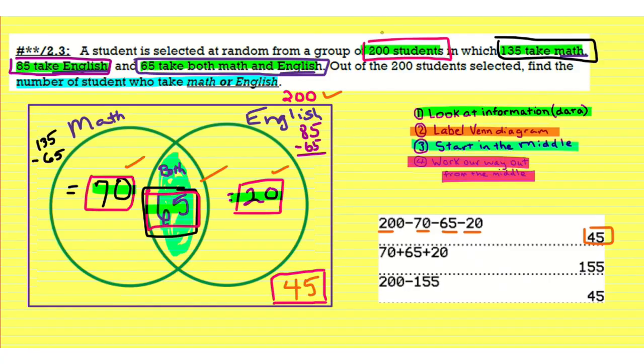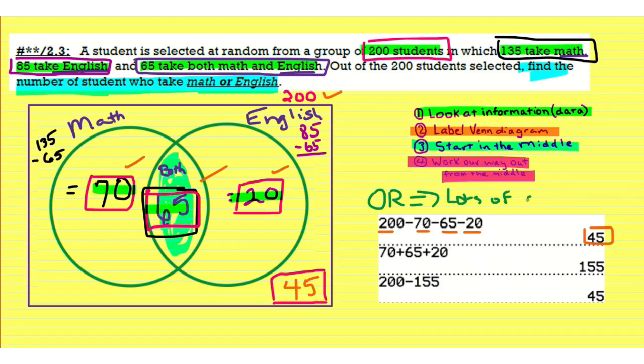Okay, so our final question that they actually want us to answer here, now that we've labeled our Venn diagram, put appropriate numbers in it, and set it up properly, is to find the number of students who take math or English. And if you remember from the previous video, anytime you have the word "or," that means you're talking about lots of choices.